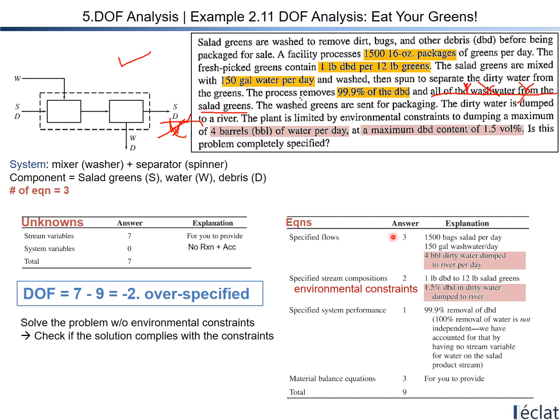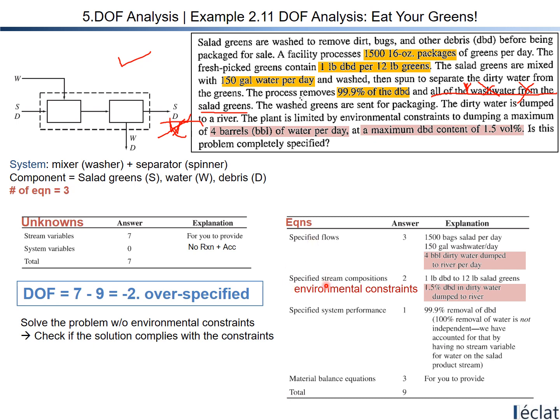However, in this case, we have 3 different bases. 1,500 bags of salad per day for the first input stream, and 150 gallons of wash water per day is introduced into the system for the second input stream, and 4 barrels of dirty water dumped to the river per day. This is the specification for the second output stream to the river. Anyway, we have 3 of these specified flows.